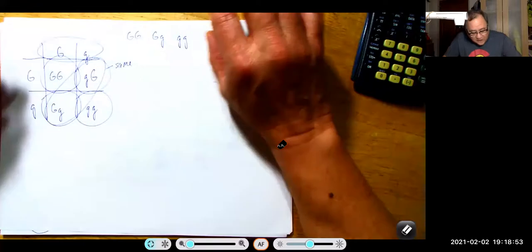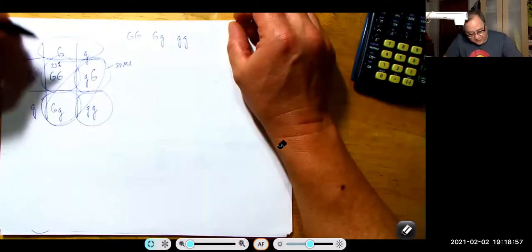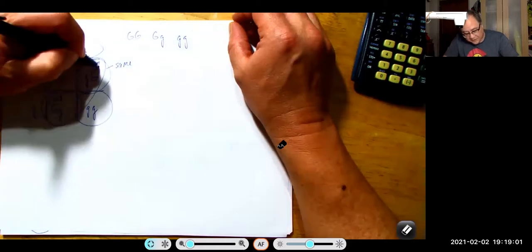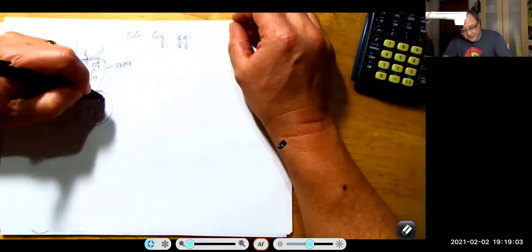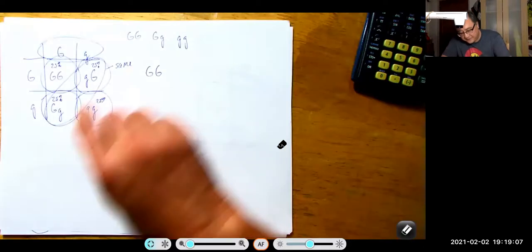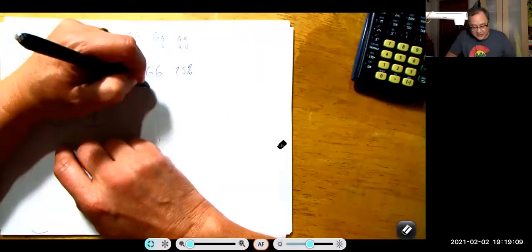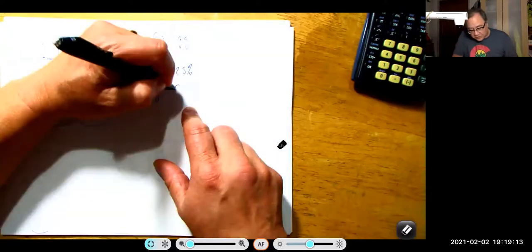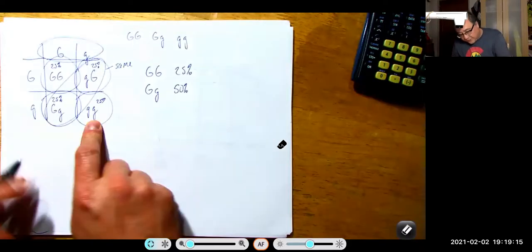So what are the odds of getting this guy? 25%, this guy 25%, this guy 25%, this guy 25%, which means your uppercase GG is 25%, your uppercase-lowercase G is 50%, and your lowercase gg is 25%.